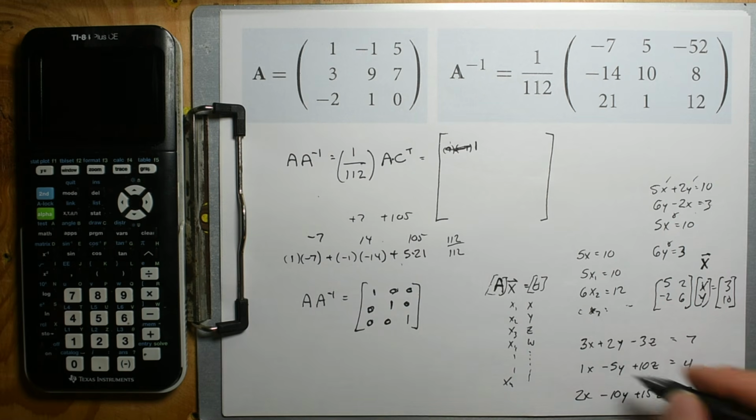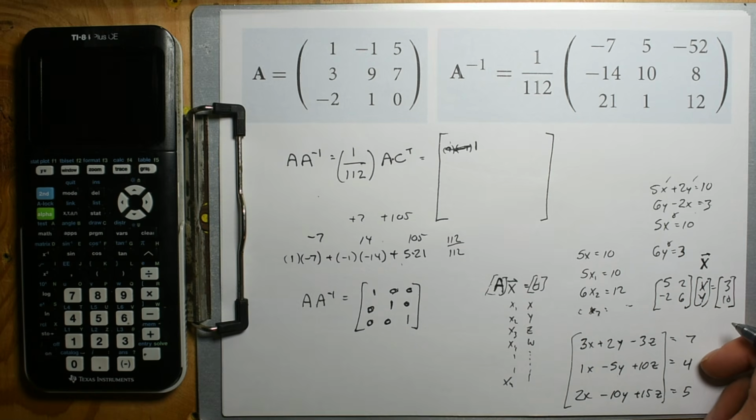Not only could there not be a solution where you pick an x, y, and z that makes this make sense, but if there is a solution, what's the answer to it?